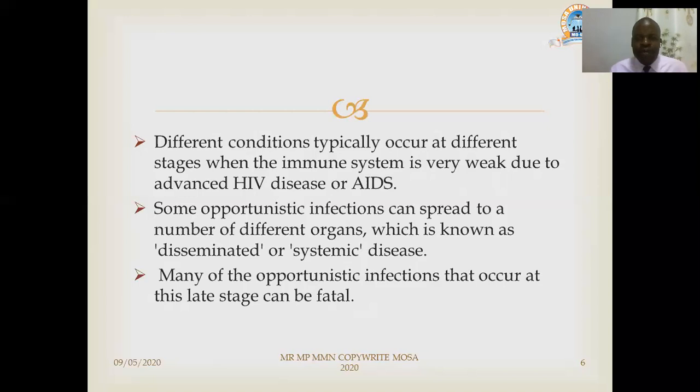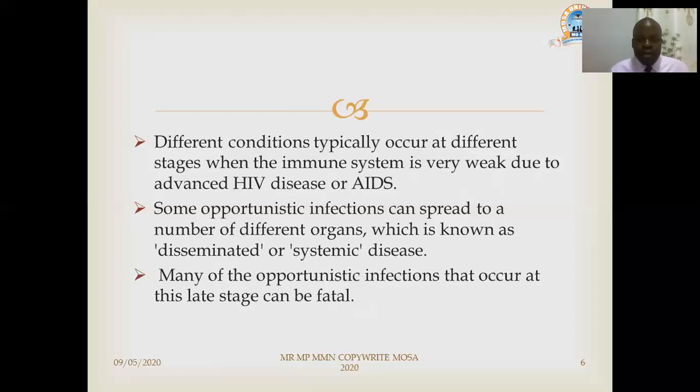For instance, in cancer such as Kaposi sarcoma, it may spread to other organs through the lymph and through blood. We may describe such as disseminated or systemic disease. It has spread to other organs and it is in the blood now.